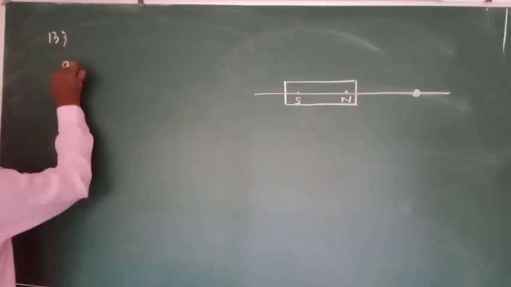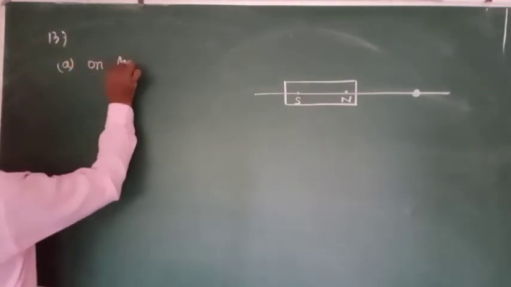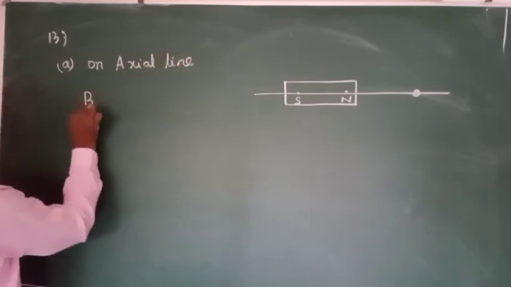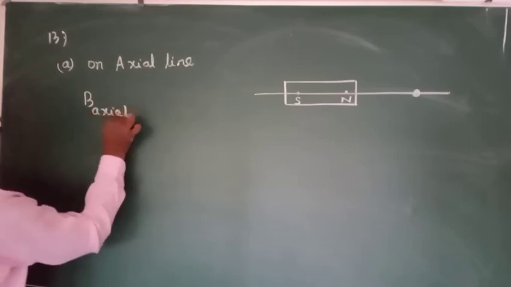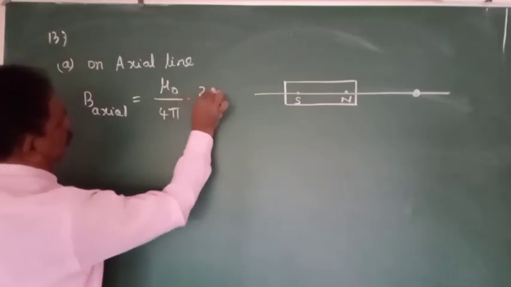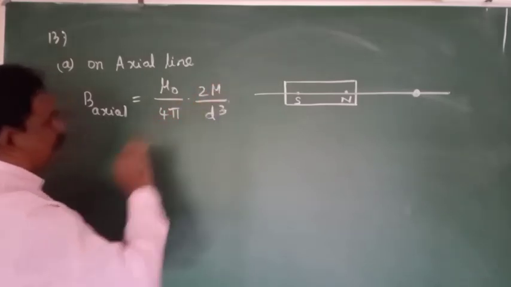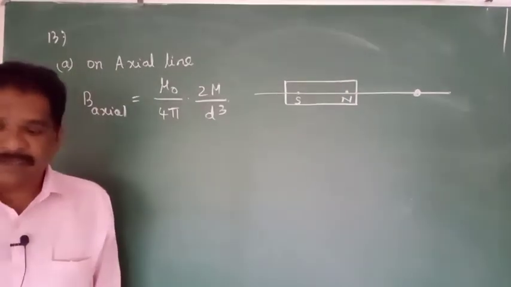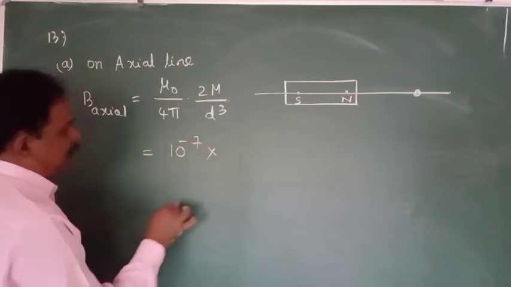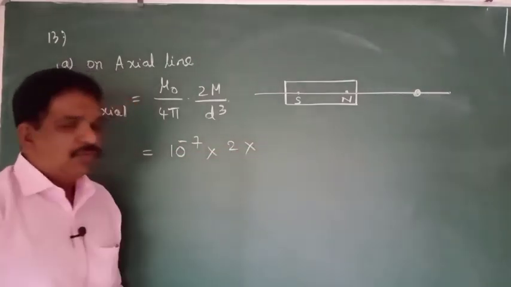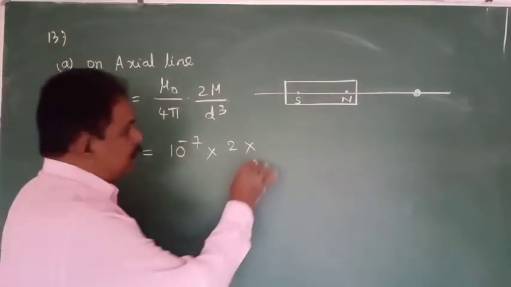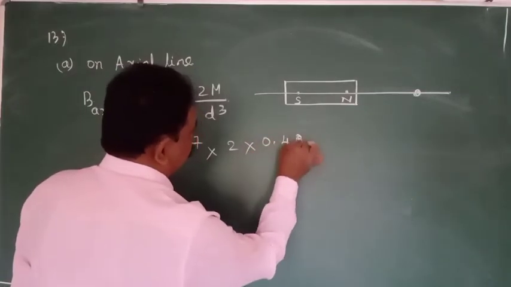So, on the axial line, what is the formula? B axial is equal to mu naught by 4 pi, 2m by d cube. That is the axial line magnetic induction formula. Mu naught by 4 pi value will be 10 power minus 7. 2 into the magnetic moment value they gave, 0.48.